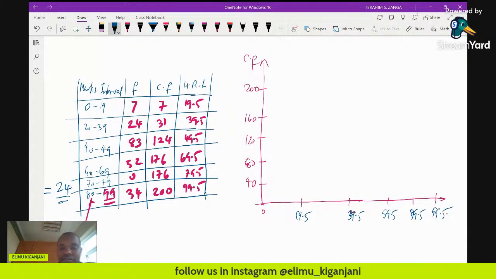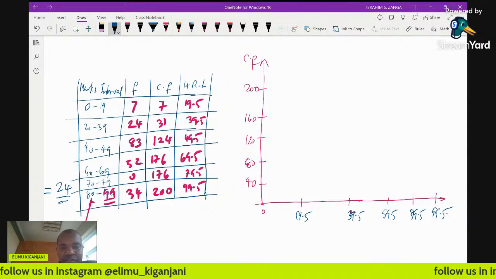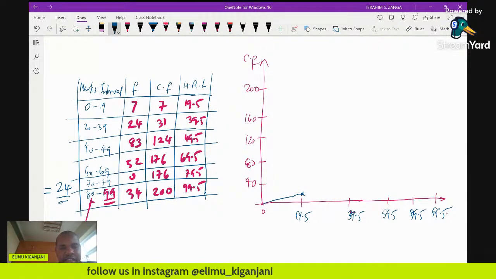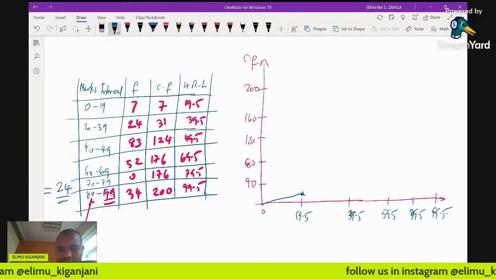So we come to 19.5, frequency of 7, you have something like that there. Then 39.5, the frequency is 31. So it's a bit high, somewhere there.